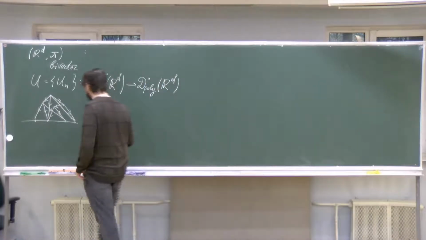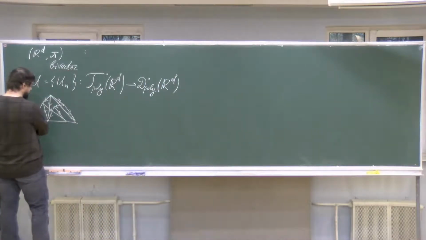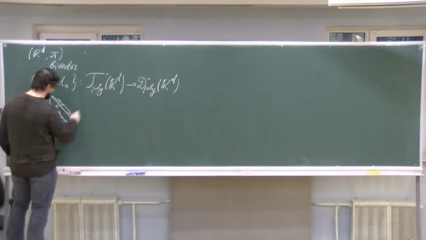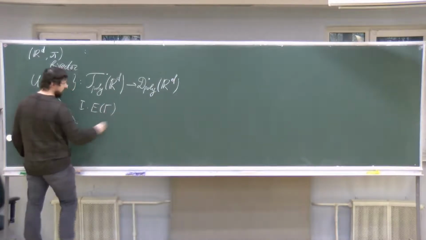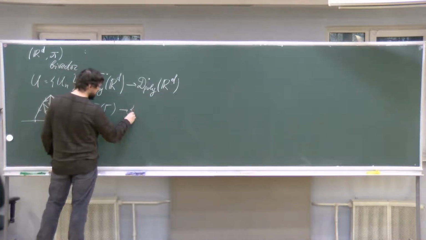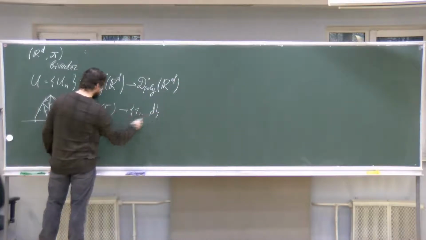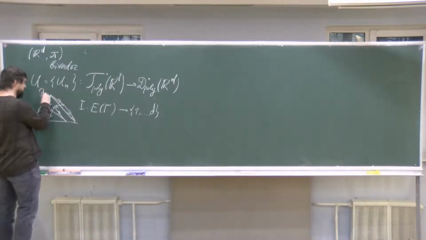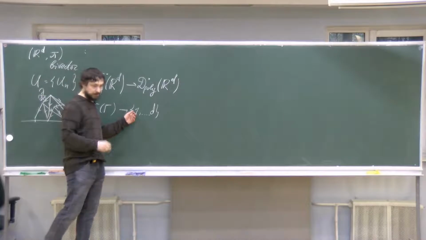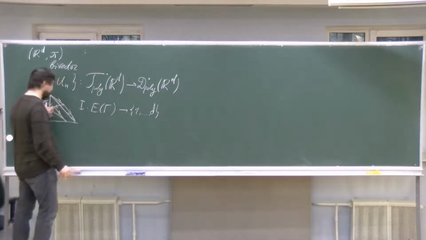So this graph can be regarded as a kind of pattern which you should follow when you take the composition of polyvector fields. Namely, we consider a labeling I of edges of this graph into the set of numbers from 1 to d. For every edge we know one label, and we put the operator d over dx_p, where p is the label associated to this arrow by this labeling.